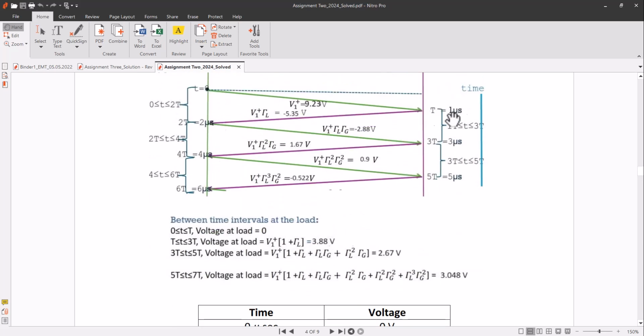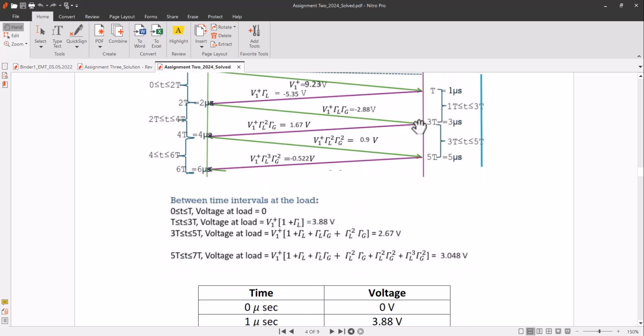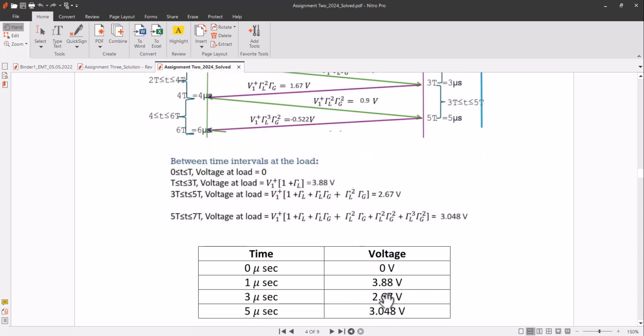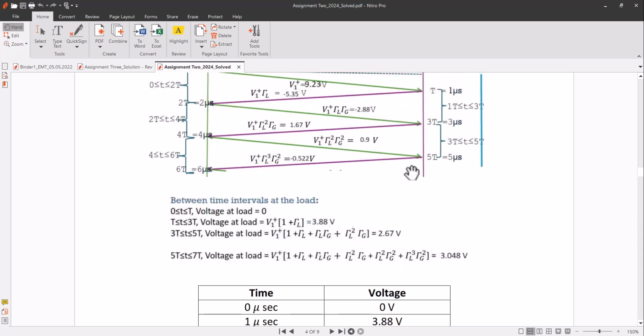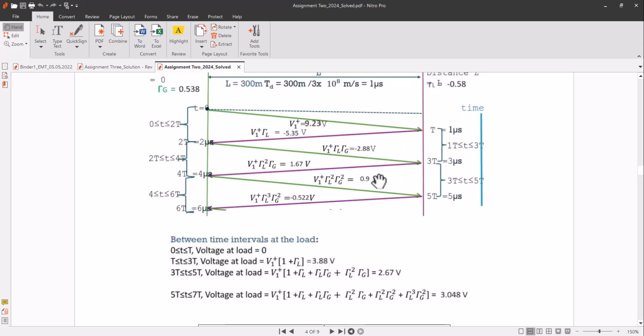At 1 microsecond we will have 3.88, that is this voltage plus this voltage. At 3 microsecond we will be adding this plus this plus this plus this, so this will be 2.67, and at 5 microsecond we will be adding all of these above.